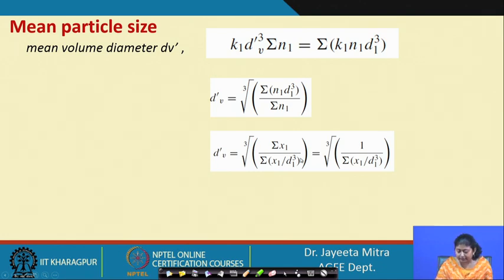So, we can write cube root over 1 by summation x1 divided by d1 cube, because summation x1 is the combination of all fractions, which leads to 1. So, finally, the mean volume diameter dV dash is cube root over 1 by summation x1 by d1 cube.